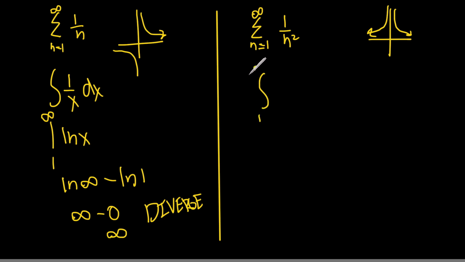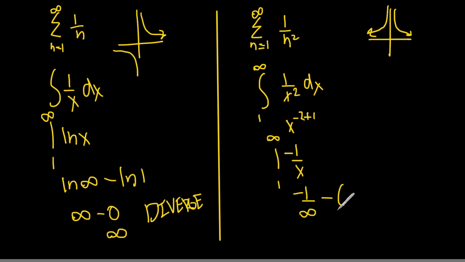So we integrate from 1 to infinity of 1 over x squared dx. We bring the x to the top and add 1 to the power, and so we end up getting negative 1 over x, and we're integrating this from 1 to infinity. We plug in infinity, so we get negative 1 over infinity minus negative 1 over 1.